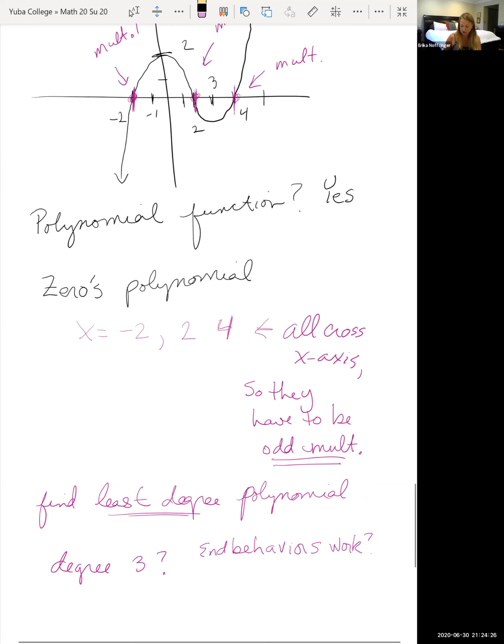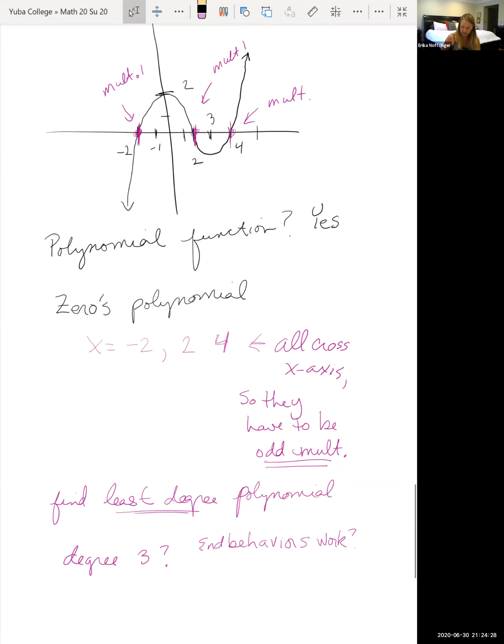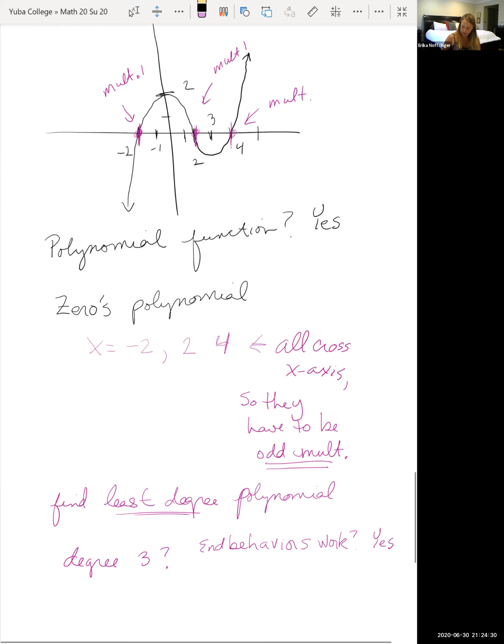One shoots up, one shoots down. So yes. And then what else do we have to look at? Number of turns. If you look at the number of turns in here, we have one spot here and one spot here. So 1 plus 1, that's 2 turns.